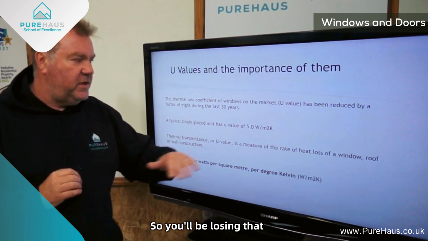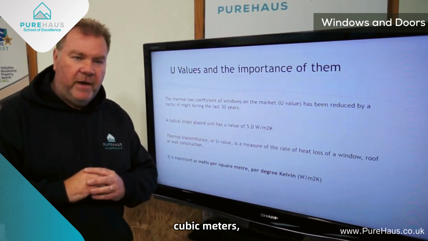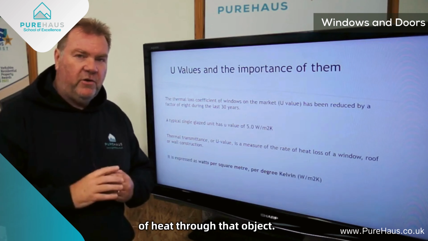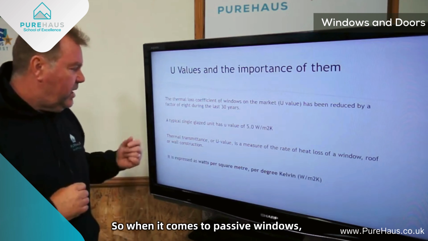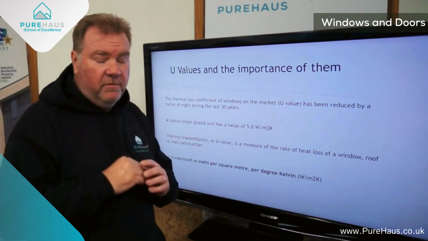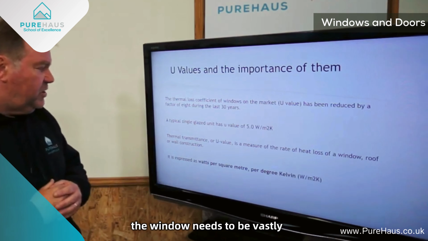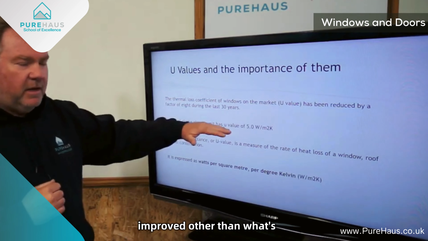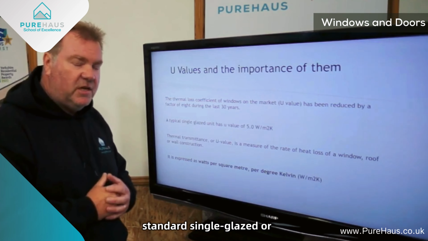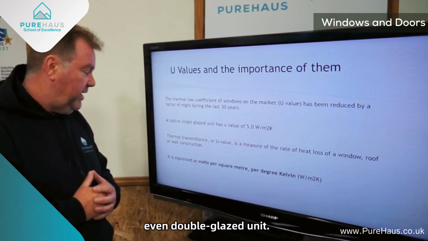So when it comes to passive windows, the thermal transmittance of the window needs to be vastly improved over what's considered a standard single glaze or even double glaze unit.